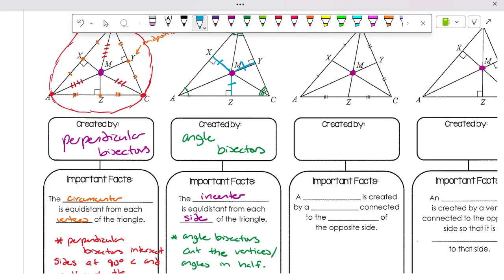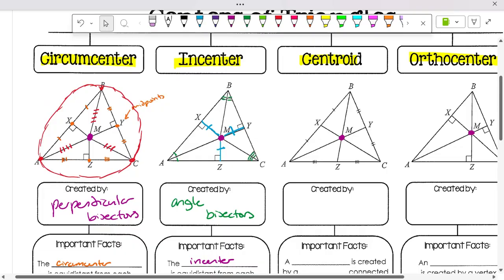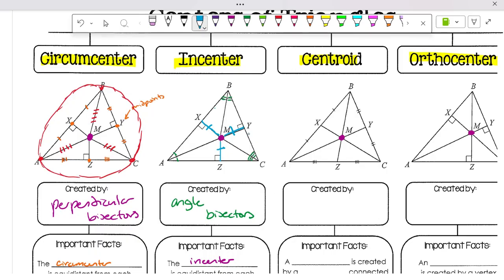Now, another thing to note, are X, Y, and Z midpoints in this case? They're not. The reason why is because these are not labeled as congruent pieces.